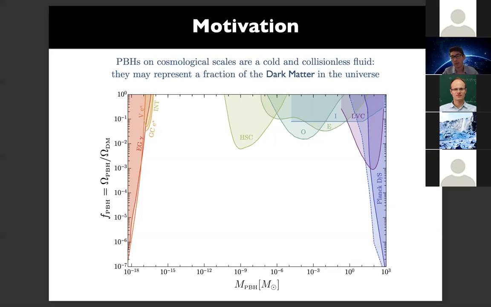And on the right of this plot, there are also constraints from gravitational waves observation, so from the LIGO Virgo data, and also from accretion at very high redshift, which may impact on the CMB anisotropies, and therefore constraints from Planck data. Now, as you can see from this plot, there is a wide region in which primordial black holes may account for the full dark matter in the universe. But today I will focus mainly in the region around the solar masses or larger values, so related to the bounds by gravitational waves.